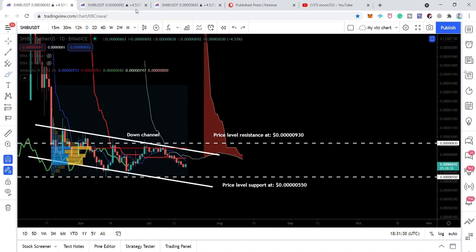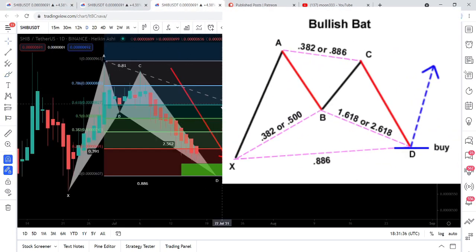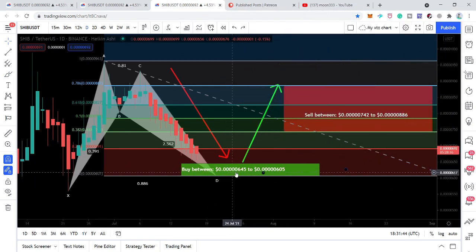Now, I would like to show you this bullish bat pattern that has been formed on the daily time frame chart. As per the Fibonacci sequence of the bullish bat, the buying range is $0.00000645 to $0.00000605, and the sell targets can be $0.00000742 to $0.00000886.